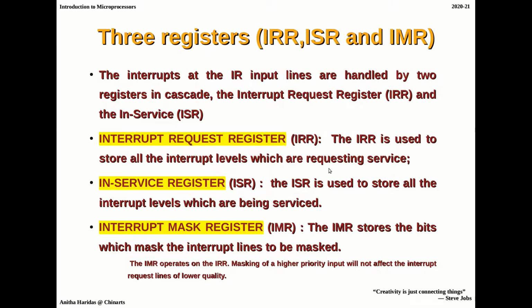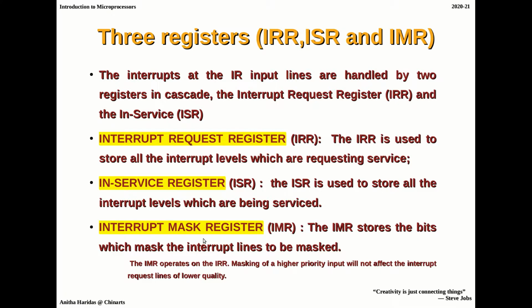That level will be stored whichever is requesting the service. Then the in service register is used to store all the interrupt levels which are being serviced. So whichever interrupts are currently acknowledged and serviced by the CPU, that will be specified in the in service register.